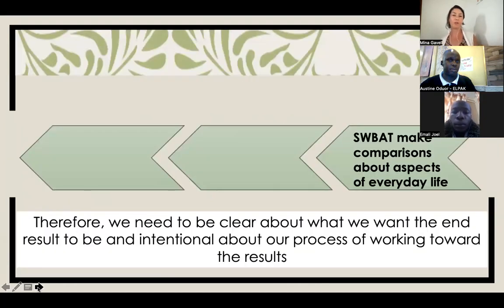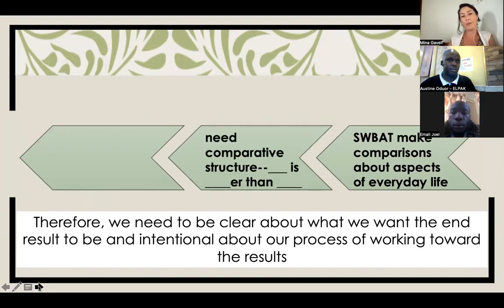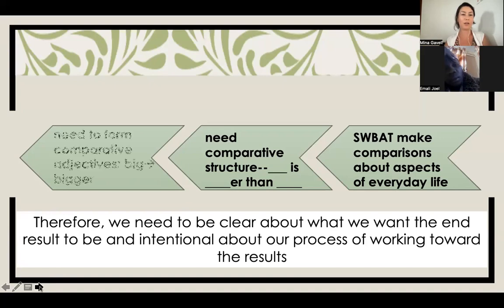So for example, if my goal is students will be able to make comparisons about aspects of everyday life. I want them to be able to compare their family members, for example. Well, if I want my students to be able to do that, then they need to be able to make comparative structures. They need to be able to make this sentence, my father is taller than my mother. If they can't make this sentence structure, then they can't make comparisons about their real life.